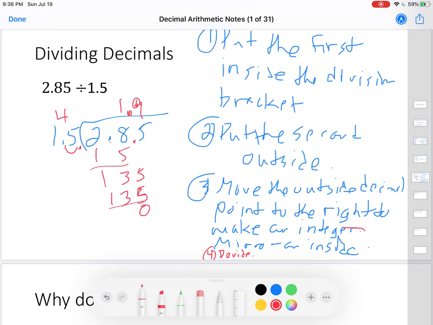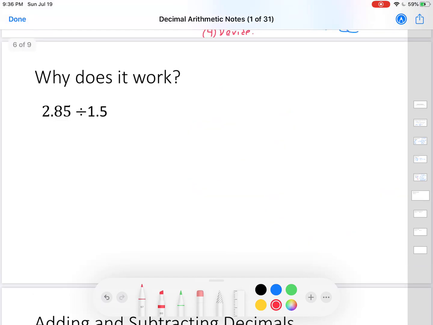Now, that's how to divide decimals. Put the first number inside, put the second number outside, move the outside decimal point to the right to make an integer, mirror it on the inside, and then divide. Why does this work? Well, let's think of division as a fraction. This means the same thing as 2.85 over 1.5. Well, the problem with that is it has a decimal point in the denominator.